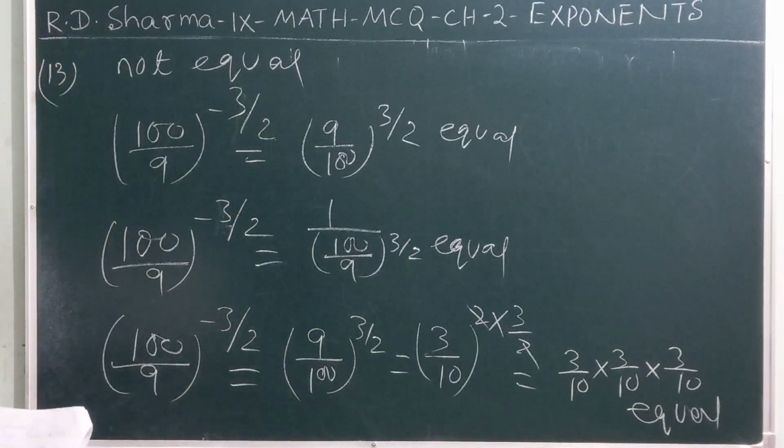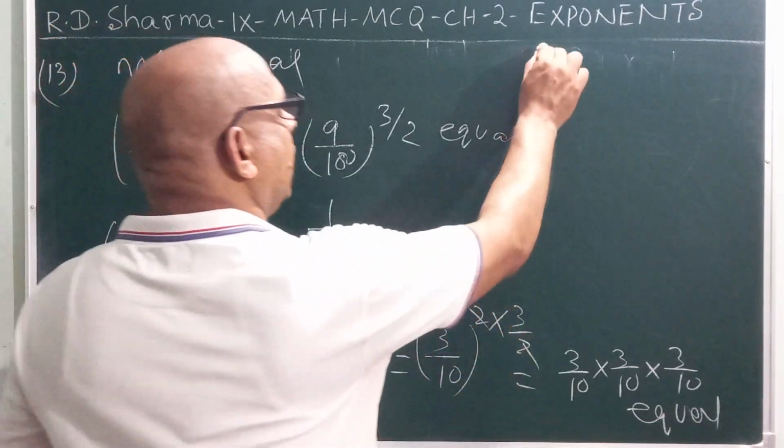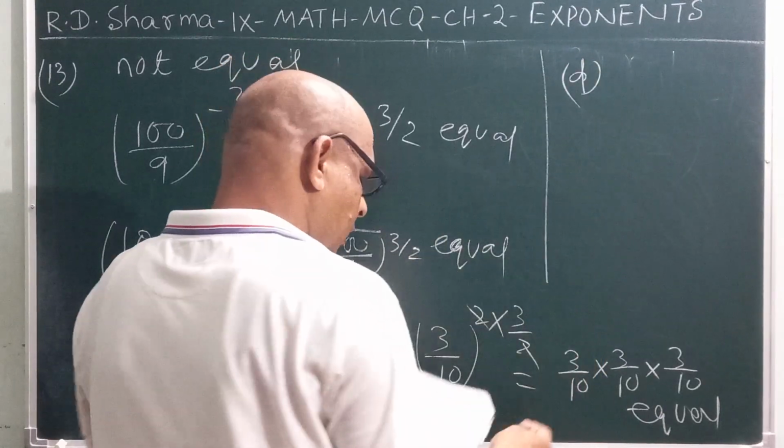Equal. Answer D is the answer, not equal. D is the right answer, not equal.